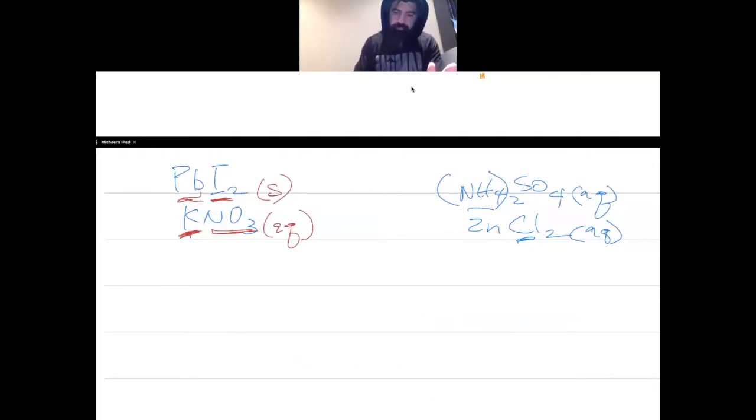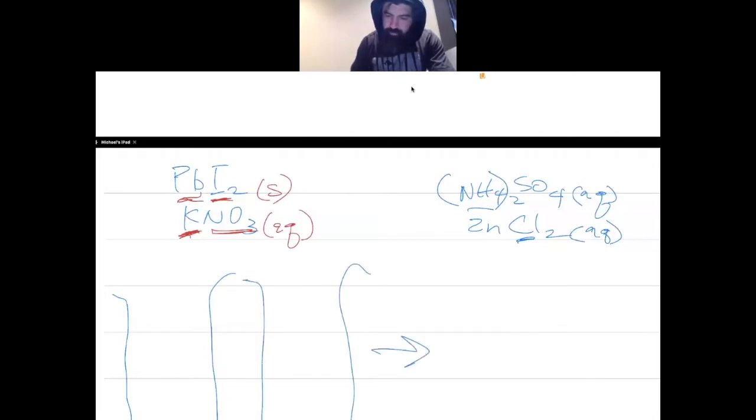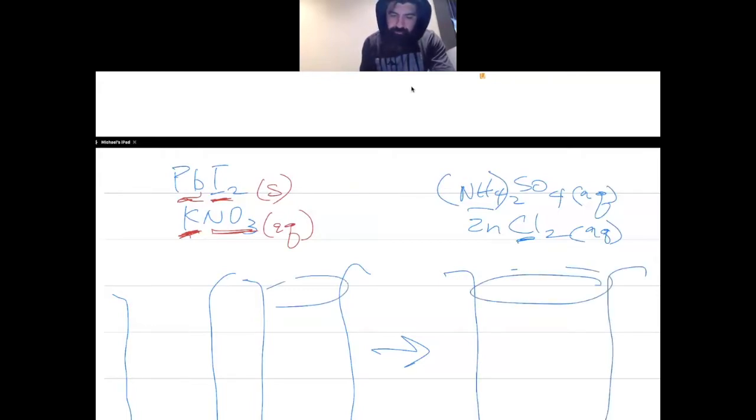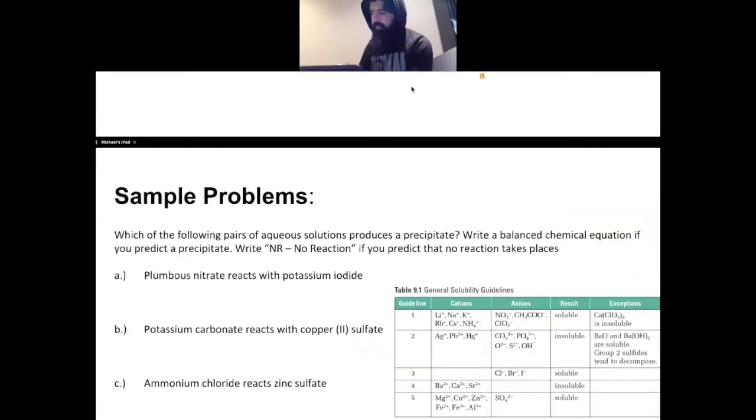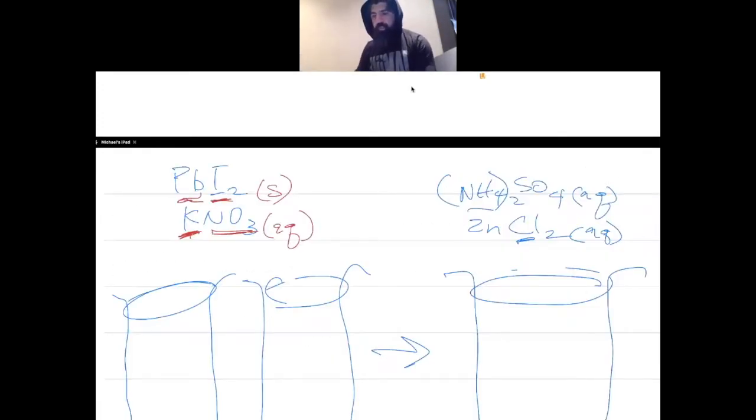Okay, so we are going to create 2 beakers. Okay, so here's one beaker. Here's the second beaker, and in the end, we're going to mix them all together to form one big beaker of water. Okay, so in one of these, we had the initial reactants.